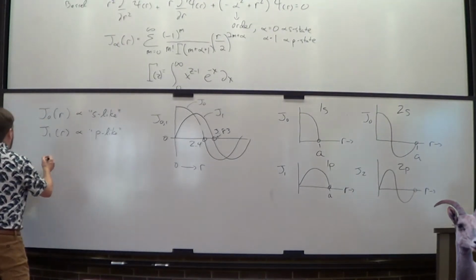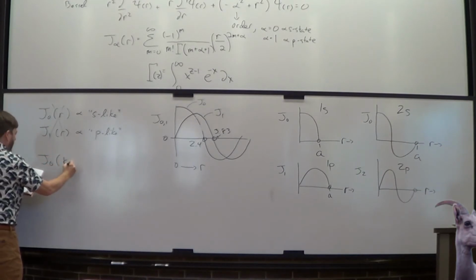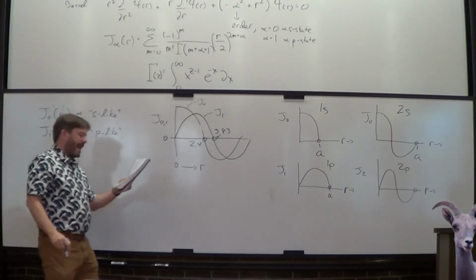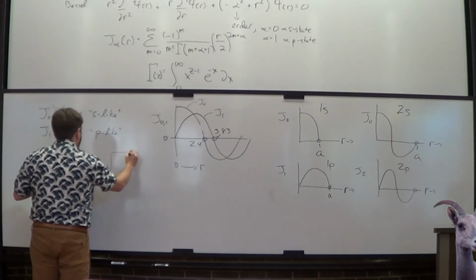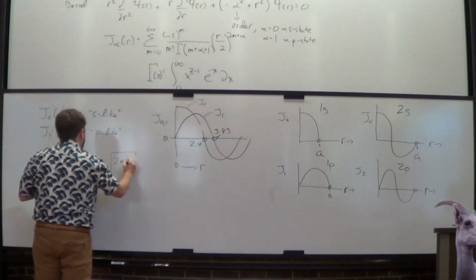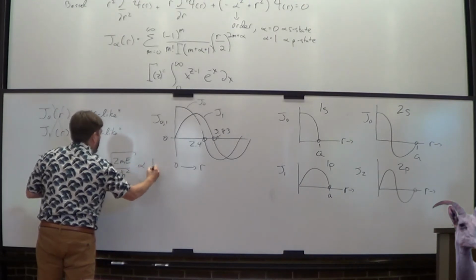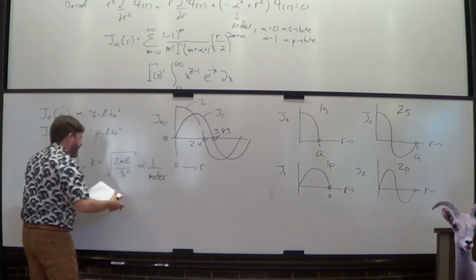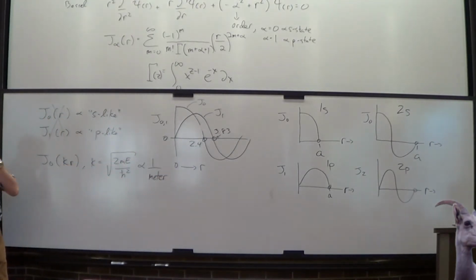All right, so the way it really works is not like this. It works like this. I'll talk about an S state. You make it kr, where k is our usual 2mE over h bar squared, which is proportional to 1 over a meter. I'm assuming we're working in SI units, so kilograms, joules, and joule seconds for h bar.